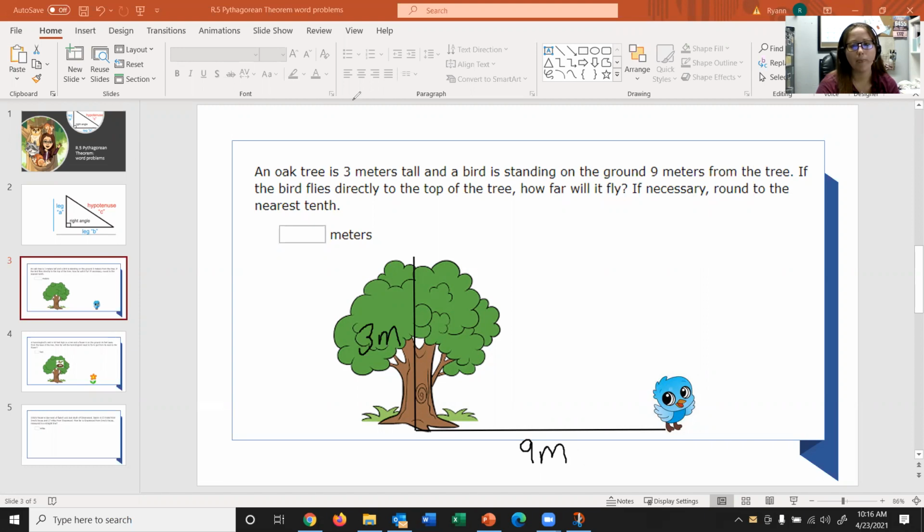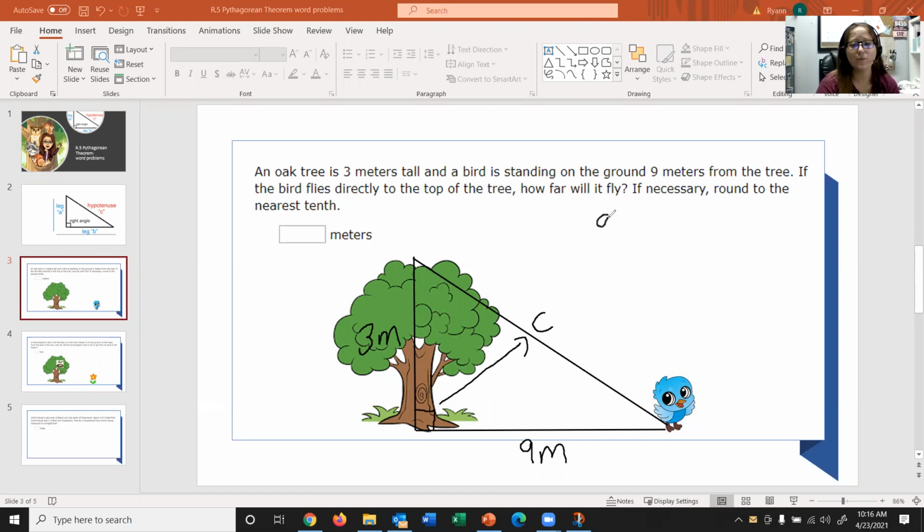Now we want to know, if the bird flies directly from its spot on the ground to the top of the tree, how far is the bird going to fly? We can see that we have what looks to be our right angle here, which means that this side over here is going to be our C. And this side is the side that we're trying to figure out. We want to know how far this bird's going to fly.